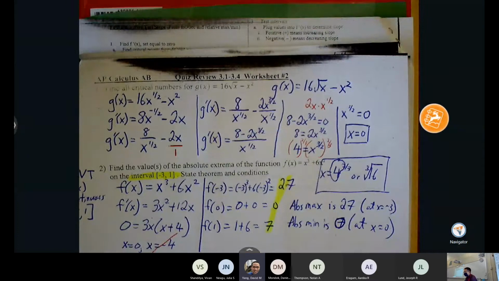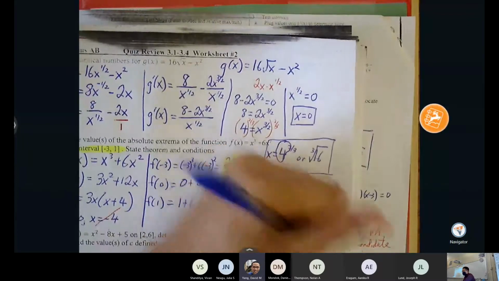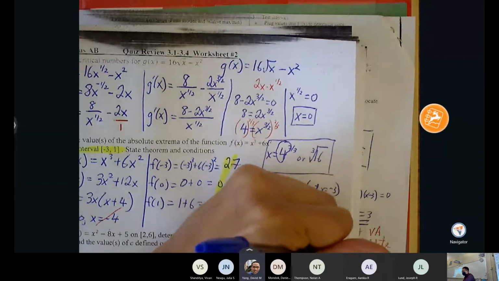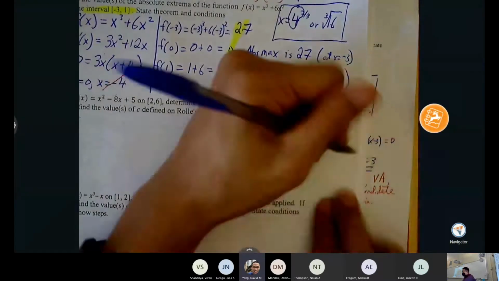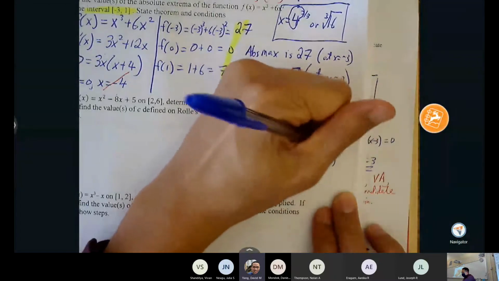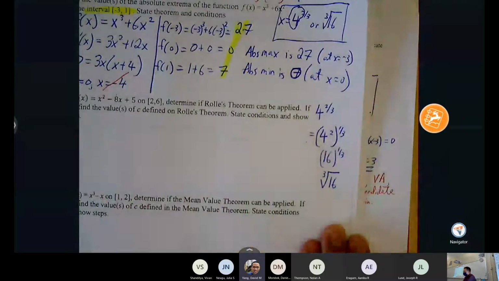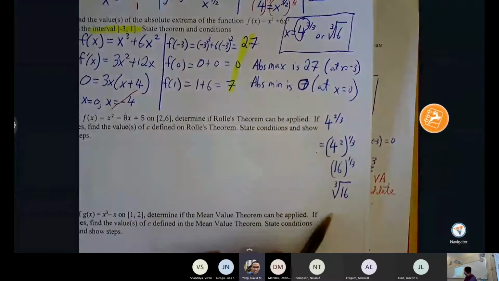So 4 squared is 16, and then 16 to the 1/3 is the same thing as cube root of 16. So 4 to the 2/3 is the same thing as 4 squared to the 1/3. I can rearrange my number however way I want to. And then I can make this 16 to the 1/3, and that's the same thing as cube root of 16. But you can leave it like 4 to the 2/3. That's fine. I'm just showing some different variations. That's all. Okay.